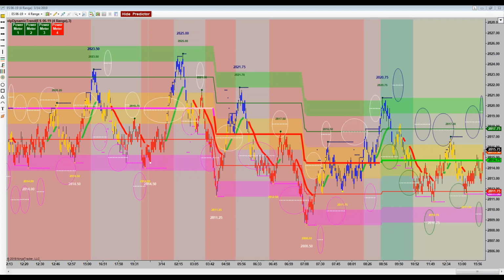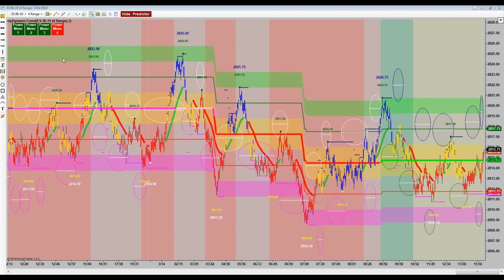Now, what you're looking at here is, like I said, a range chart with the data feed. If you just had the plain data feed here, you would simply have bars going up and down. What we have produced here at Viper is what's called indicators that run on the Ninja platform. Think of it this way.